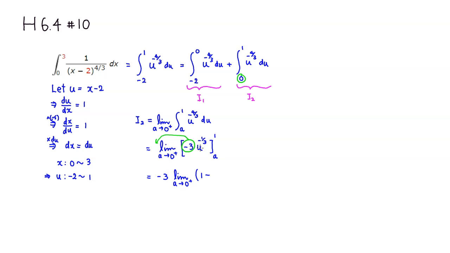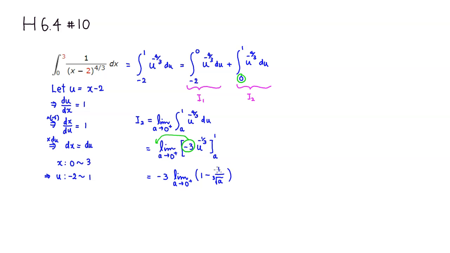I'm going to write it so that it's on the bottom. A 1/3 power is equivalent to a cube root, so u to the negative 1/3 is the same thing as 1 over the cube root of a.